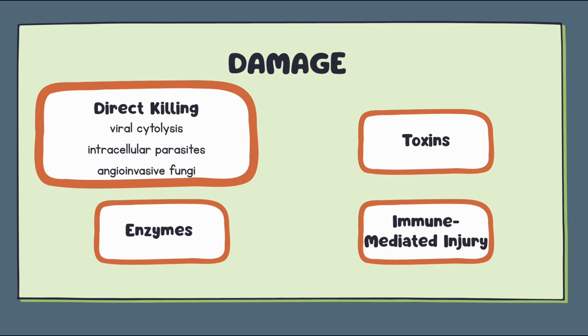Intracellular parasites, which damage the cells that they inhabit. We have angioinvasive fungi, and angioinvasive means that they invade blood vessel walls and they cause thrombosis, necrosis, etc., and they cause tissue damage. The second mechanism is through toxins.